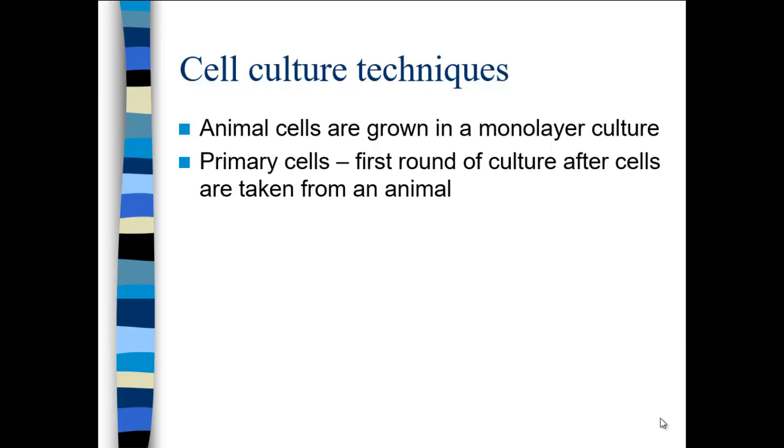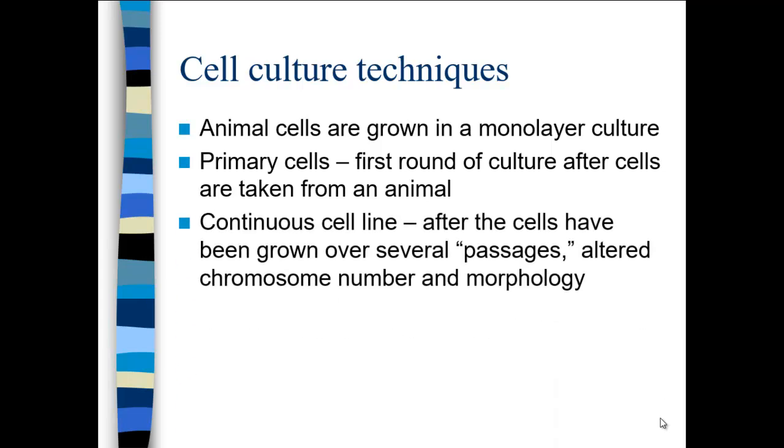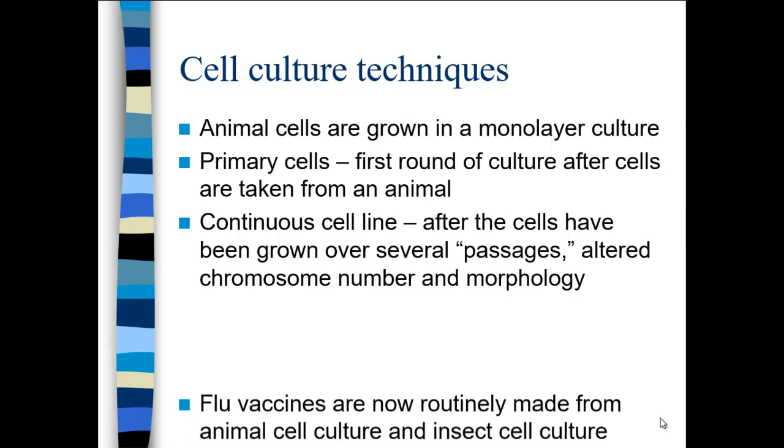They grow independently. And after the cells have been grown over several passages, then that will alter the chromosome number and morphology. So you can't take these cell lines necessarily and go back and make a whole human from them or a whole animal, because the chromosomes have been altered.